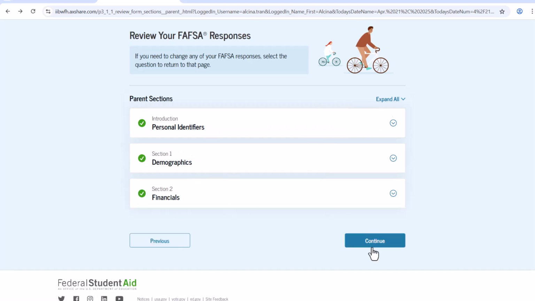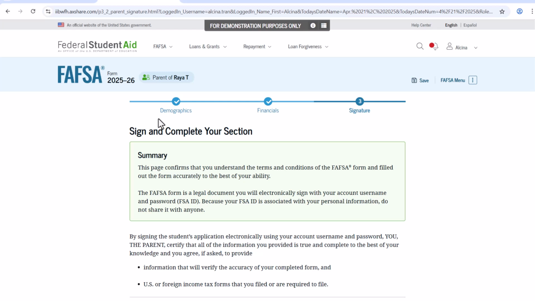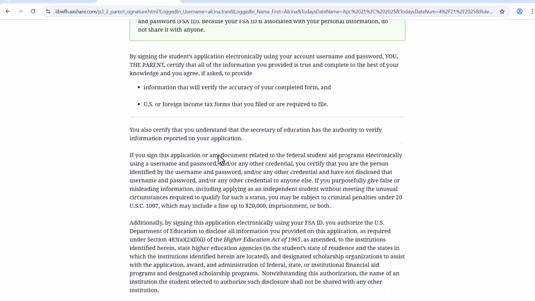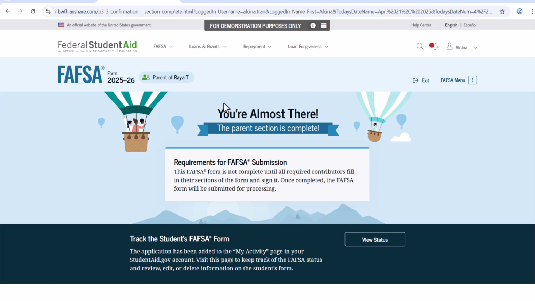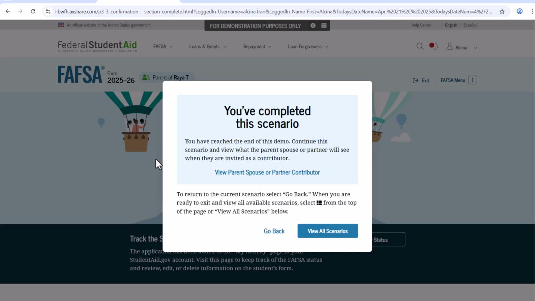Once you verify that, you can continue, and then you will sign and complete the parent section. Okay, so you're going to sign on behalf of you. Select sign, and now it says you're almost there because Raya will have to log into her section and do her portion to successfully complete the FAFSA.